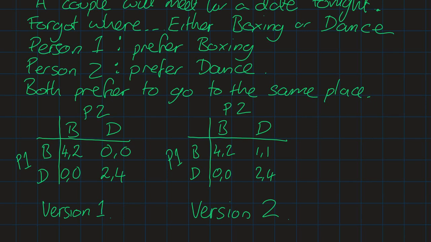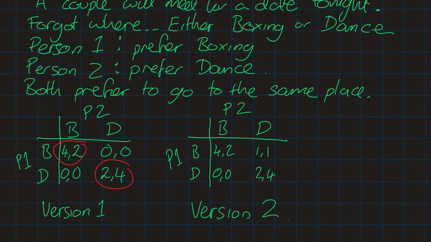Battle of the Sexes games like these are very common sort of conflict games, and in general they're hard to analyze, they're hard to solve. The issue is, in both cases, the best outcome, whatever best means, is one of these. But the trouble is, they're not equally best for both people.